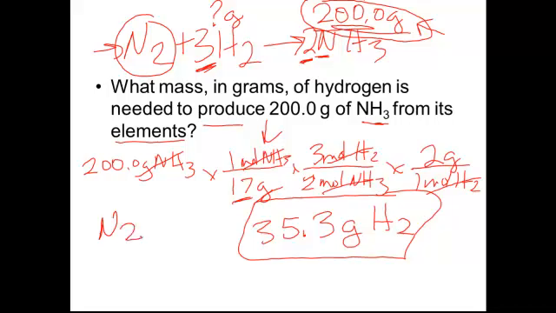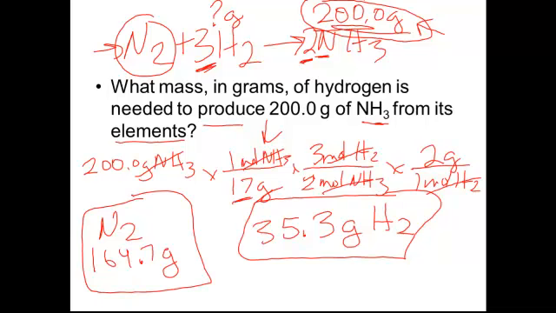So the amount of N2 you would need would be 164.7. And if we did this same process, but to get nitrogen instead of hydrogen, we would have gotten that answer as well. If you would like to check that, you certainly can. But we know that those two have to add up to the mass of the products, according to the law of conservation of mass.